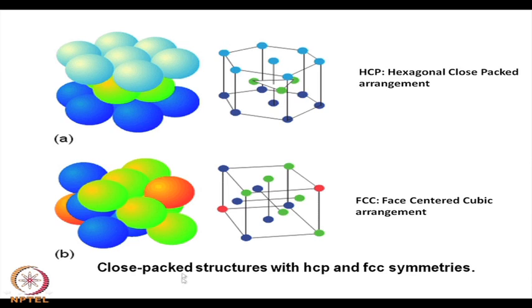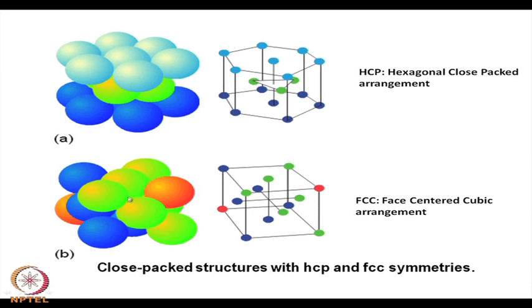For example, here in face centered cubic, the close packed planes are not actually horizontal planes. The horizontal plane is not the close packed plane. Here, the top surface of the cube has only 5 atoms, and they are not a close packed arrangement. The close packed arrangement is a diagonal plane.